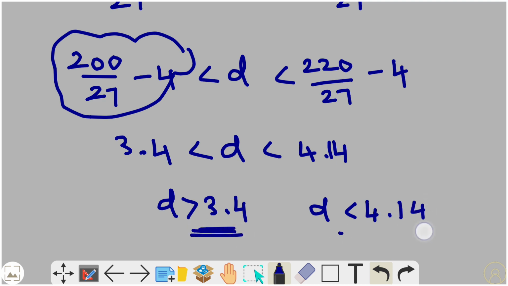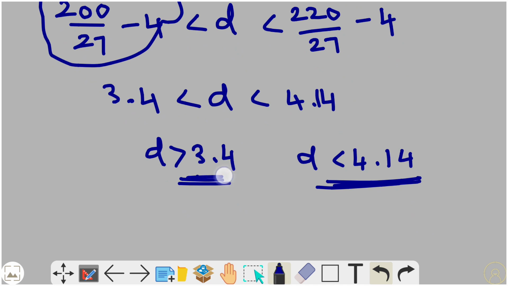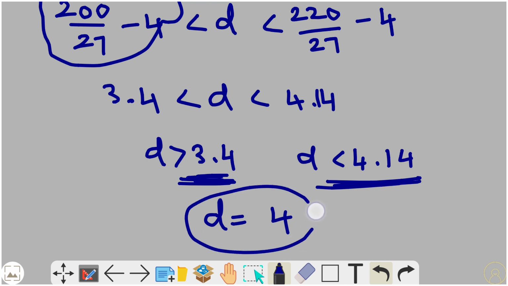Looking at these decimal numbers, the only integer in between is 4. Initially we took d as an integer, so only 4 is possible for d, because d lies between 3.4 and 4.14.